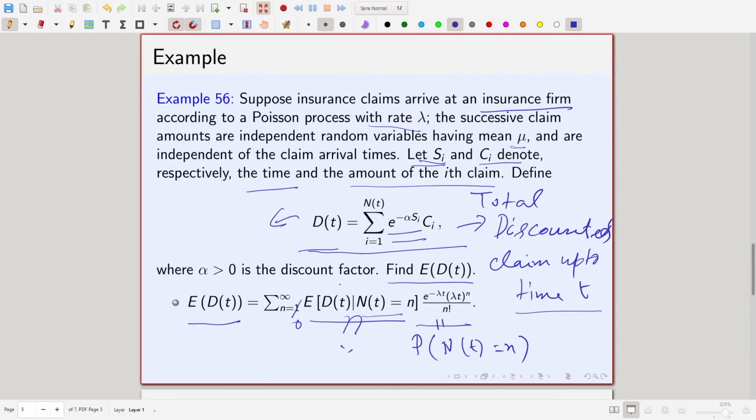Initially it looked like a complicated expression, but you see the first thing we do is condition on the number of arrivals up to time t, and once we do that conditioning, we use the fact that given that there have been n arrivals up to time t, the conditional distribution of the arrival times is equal to the distribution of the order statistic of n IID uniform 0 to t random variables.